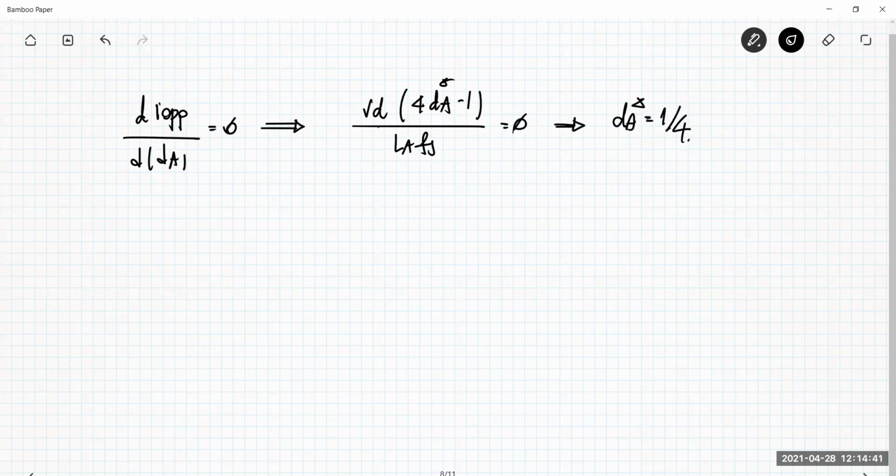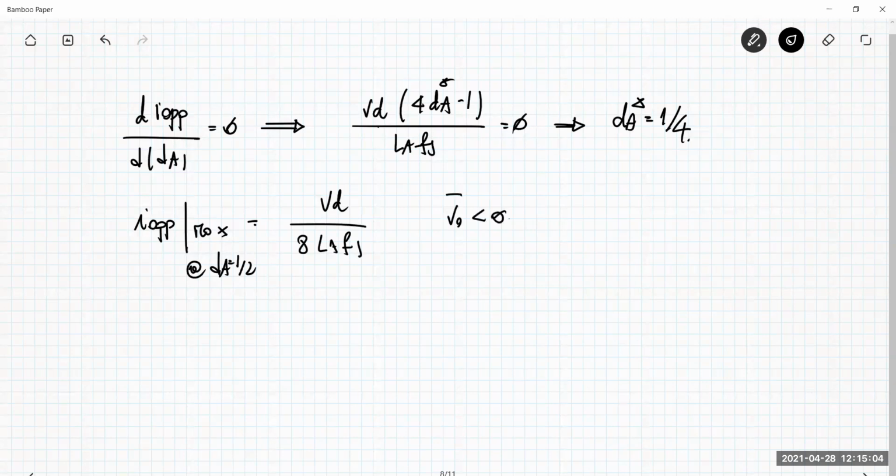Put this duty cycle into the previous expression of the current ripple, and then you can see that you will get the same maximum ripple obtained before, Vd over 8 LA Fs, but this is for V naught negative.